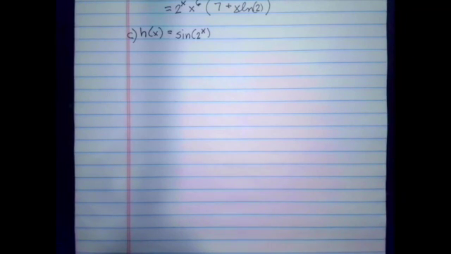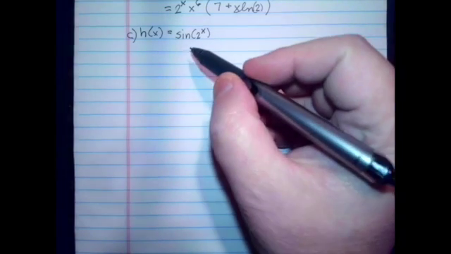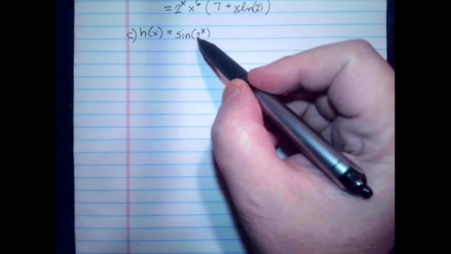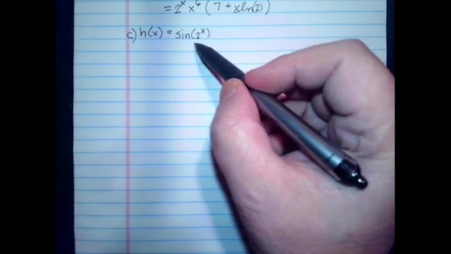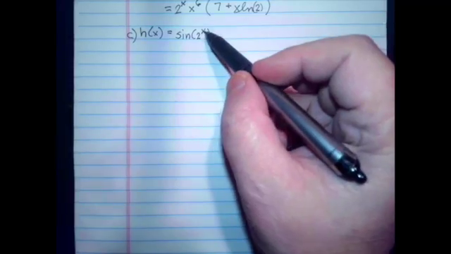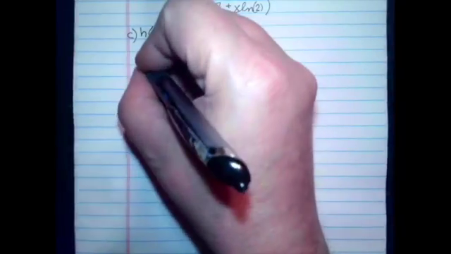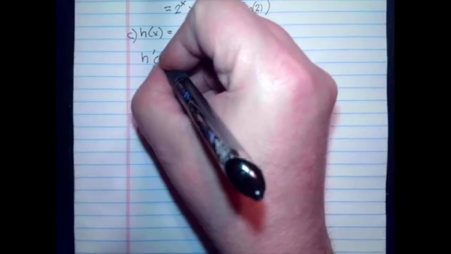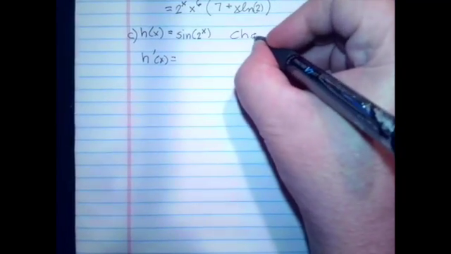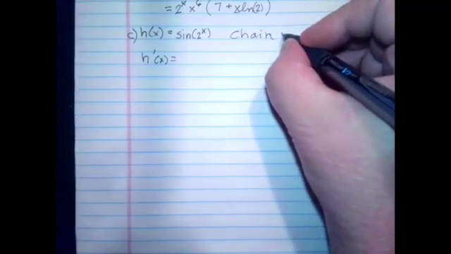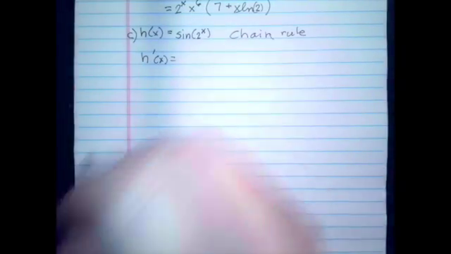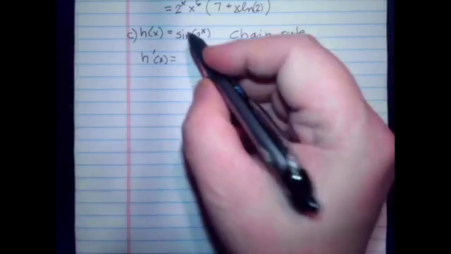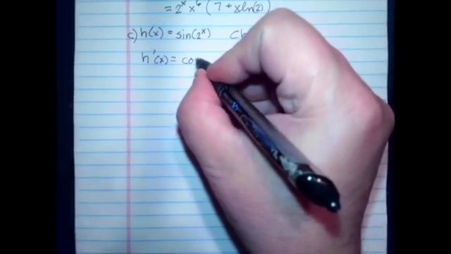In 1c, we are asked to differentiate h of x equals sine of 2 to the x. Here we have a composition of functions. We have a function inside of another. The outer function is the sine function, and the inner function is 2 to the x, an exponential function. So we're going to use the chain rule. We need to differentiate the outer function, the sine. That'll be the cosine.